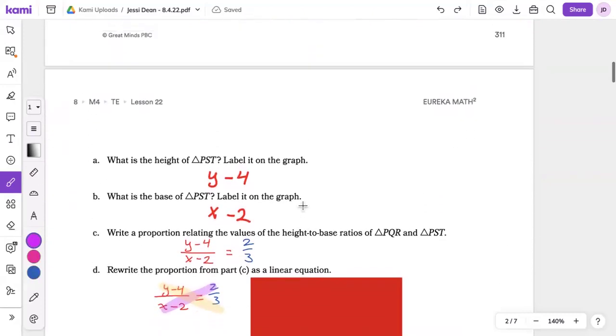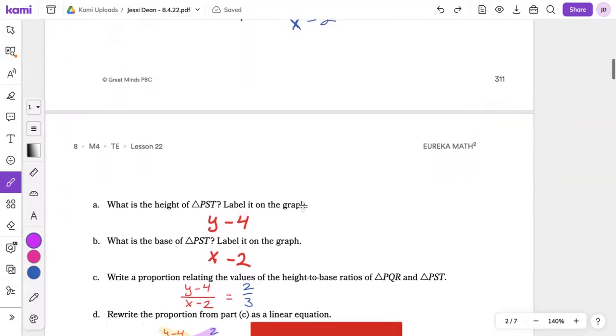So this is what you should have on your next page for questions A, B, and C. A is y minus 4, B is x minus 2, and C is that proportion y minus 4 over x minus 2 equals 2/3. And now we're going to solve that proportion in order to get a linear equation.